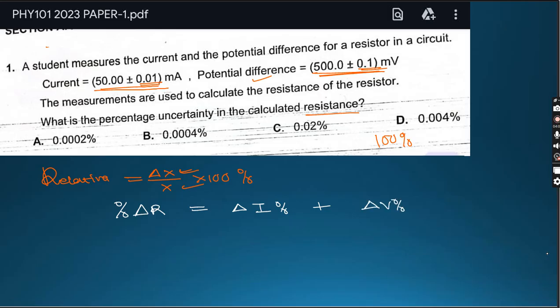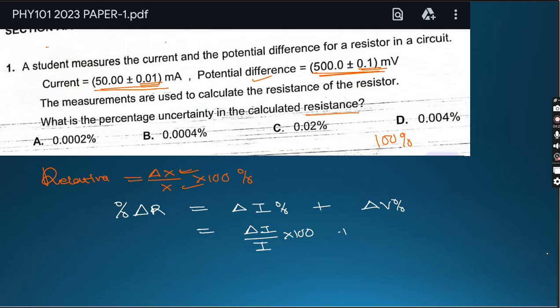The percentage uncertainty of current is given by delta I over I, then we multiply by 100.